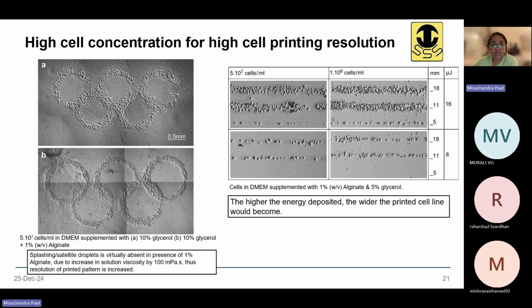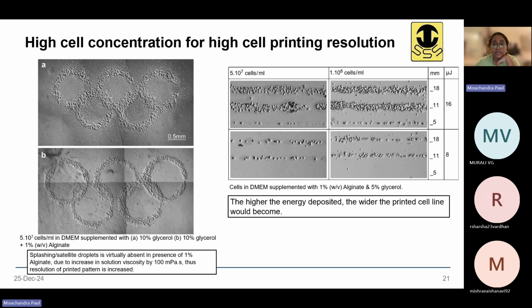The effect of these three conditions is summarized using these phase contrast microscopy images. What we see is that as we are using high laser energy with the larger aperture size, the droplets that you get are basically merging with each other. And you also get a line which has a much thicker width.